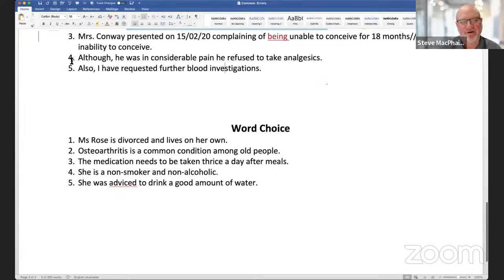What about, this is a very common one as well, number 4. Although he was in considerable pain, he refused to take analgesics. Omar says for the previous one, can it be "incapability"?